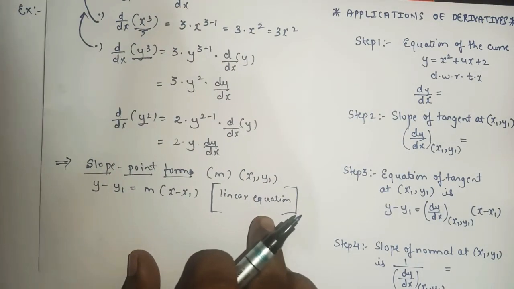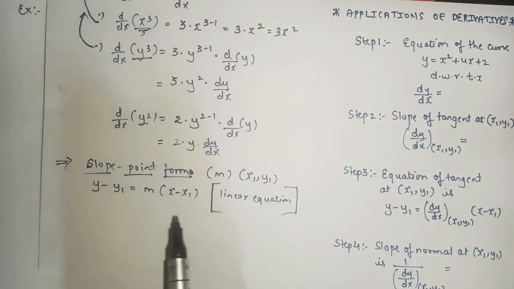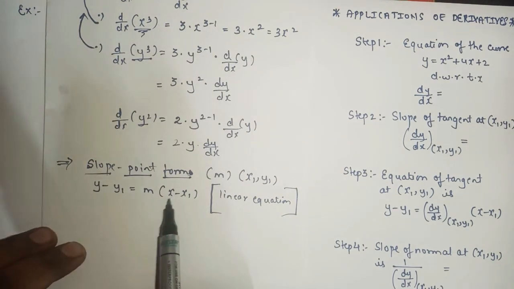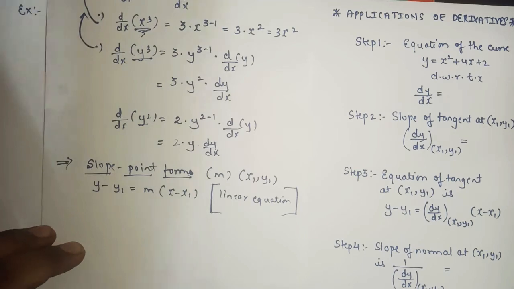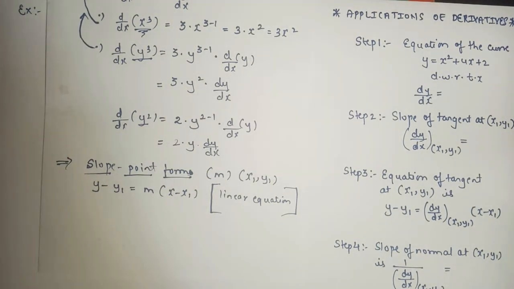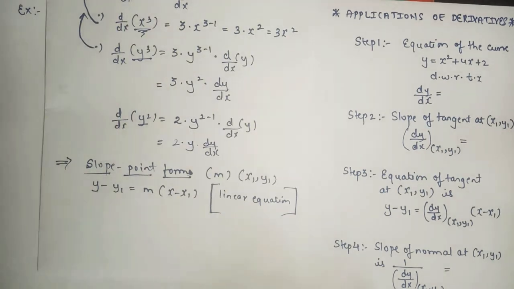Why will it be a linear equation? Because clearly the power of x and y is 1. Whenever the power of x and y is 1, the final equation will be linear only.